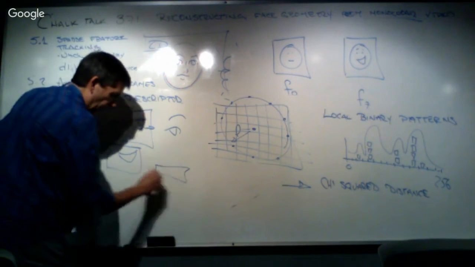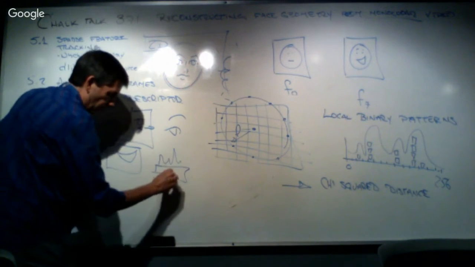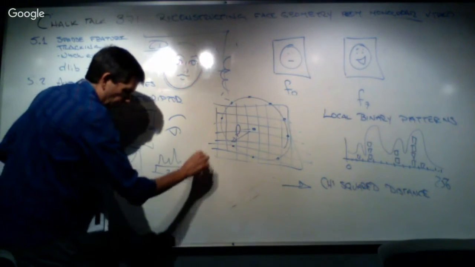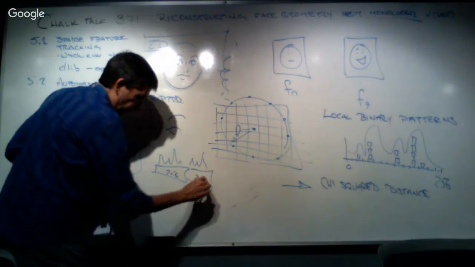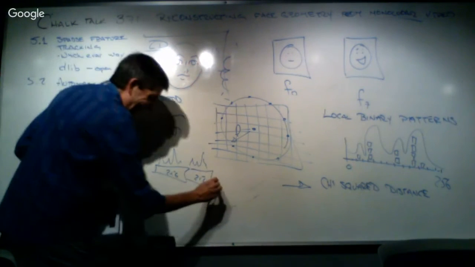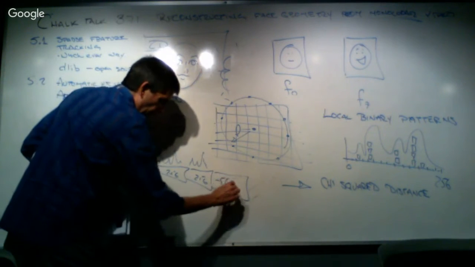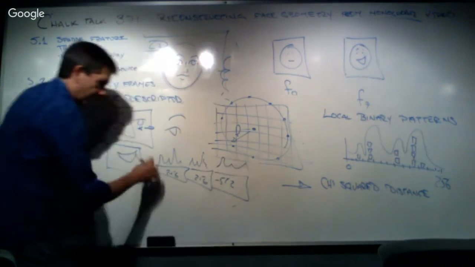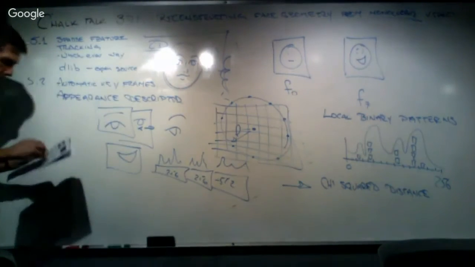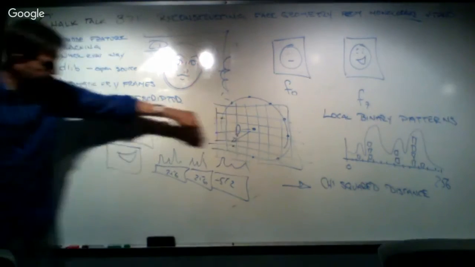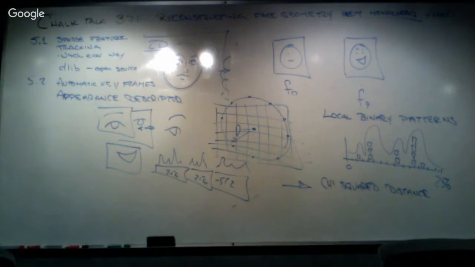So you have a histogram of 256 for the first eye, another histogram, 256 for the second eye, and then another histogram, even bigger, let's call it 512, for the mouth. And we create this longer histogram that describes the entire face in a neutral pose.